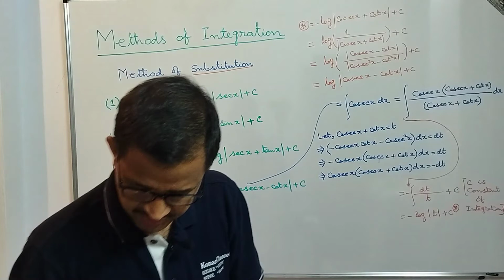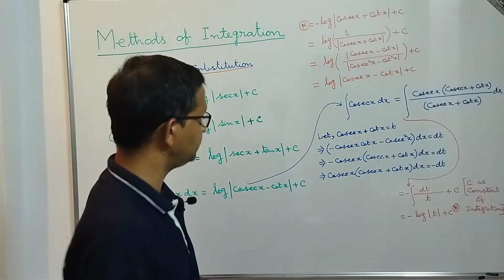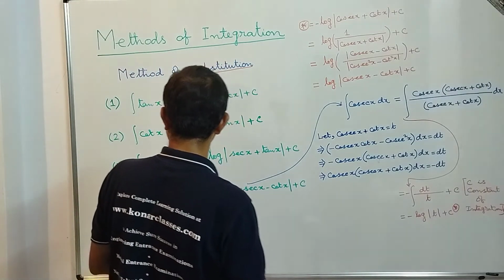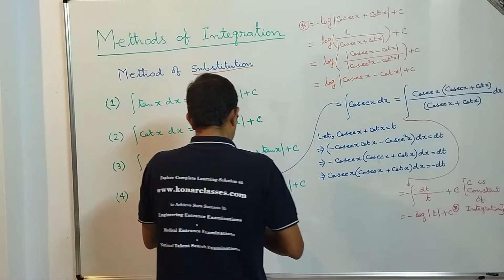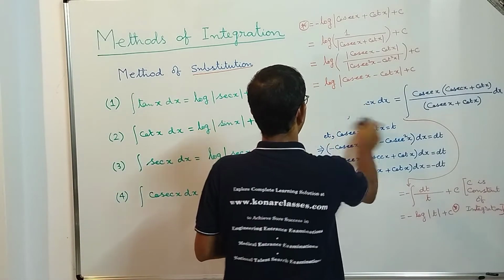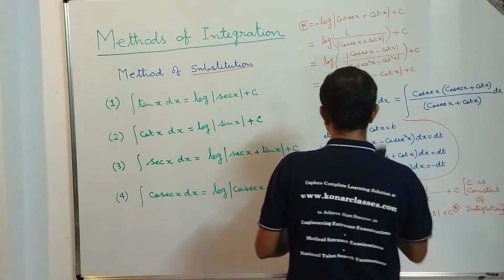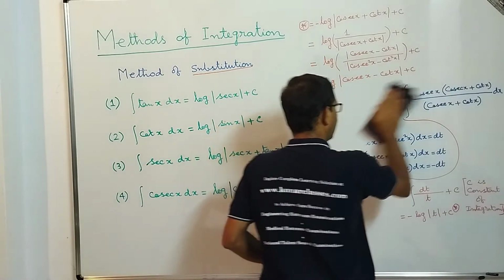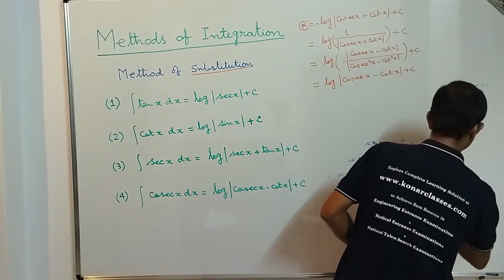So now, dear students, let's proceed with solving some questions together using the method of substitution. I will write the questions one by one, and I suggest you also do along with me, okay?